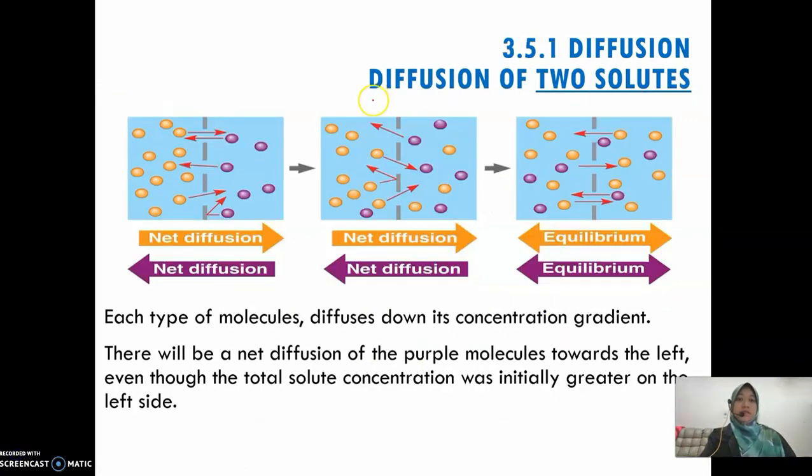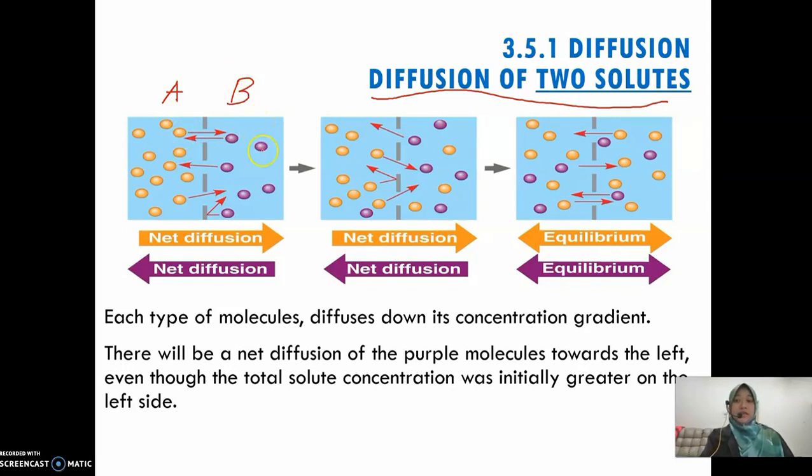This is an example of diffusion of two solutes, and we can see that at side A, yellow dye is high compared to side B. There is no yellow dye.